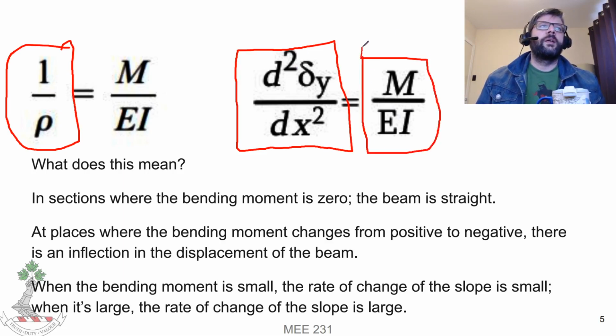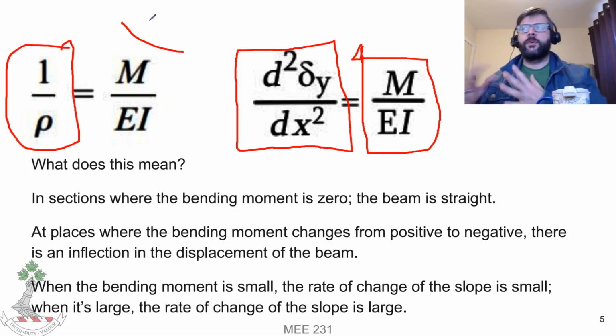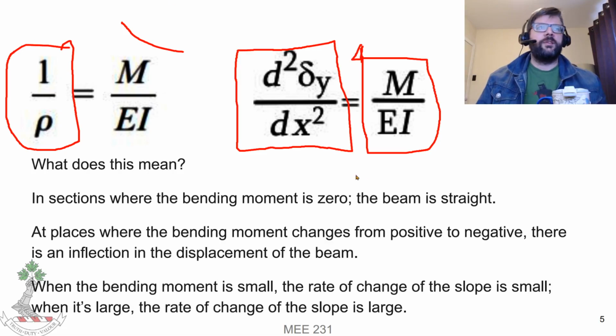So again, that's just based upon the geometry of, if we're zooming in on a little segment, we can relate the rate of change of the slope to the radius of curvature at that little point.